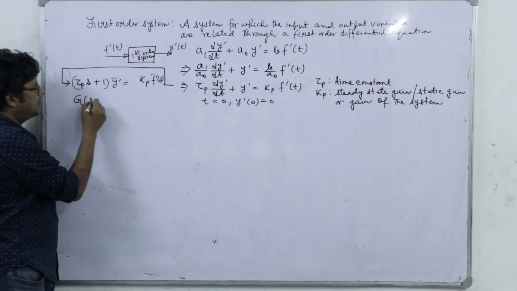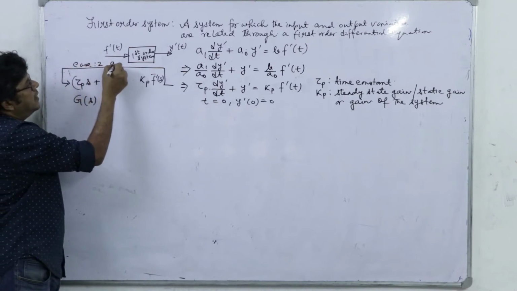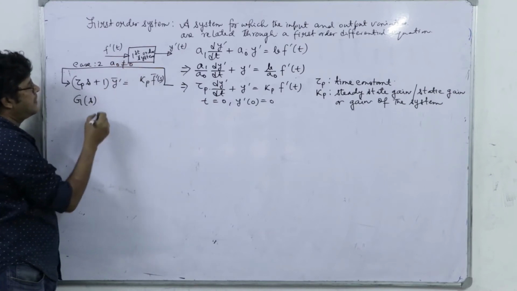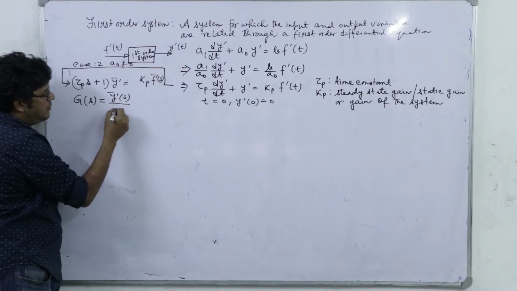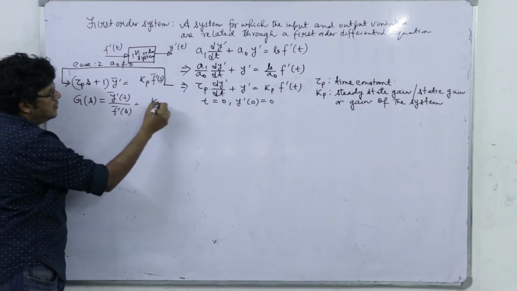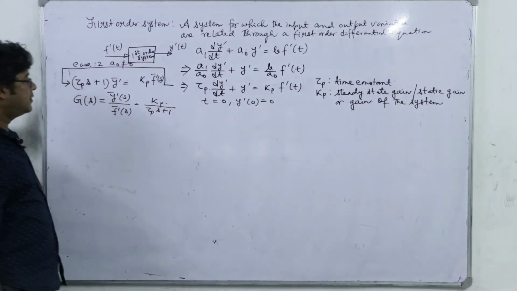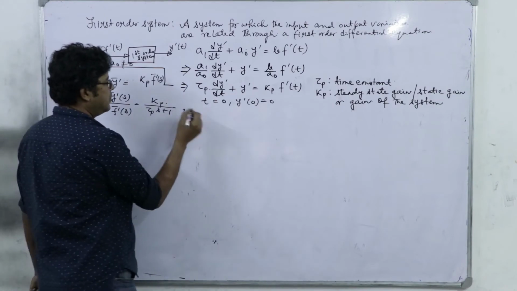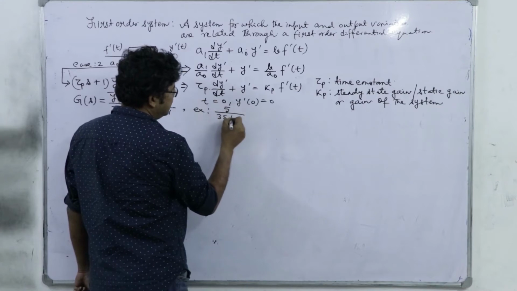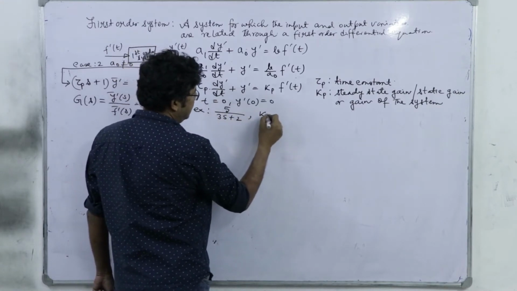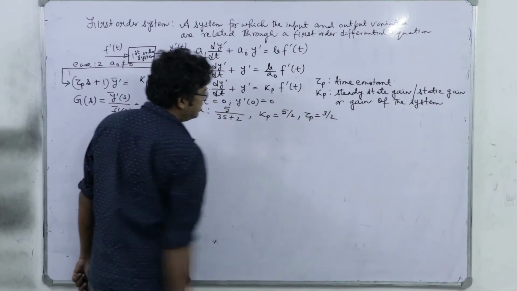So the transfer function of this case 2 first order system, so this is case 2, A naught is not equal to 0, G(s) equals y prime s by f prime s becomes Kp divided by tau p s plus 1. So any process after Laplace transform of this equation, if it is 5 divided by 3s plus 2, you can write that Kp is equal to 5 divided by 2 and tau p equal to 3 divided by 2.